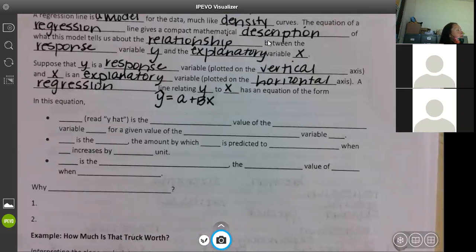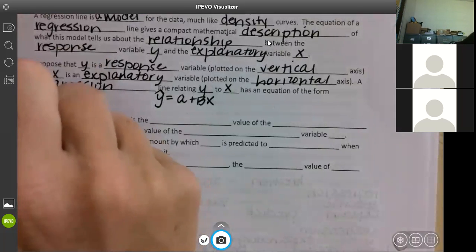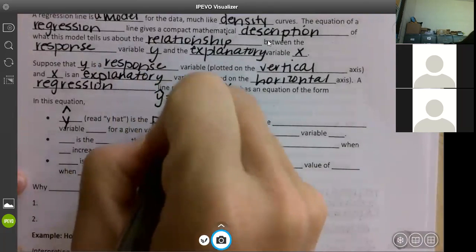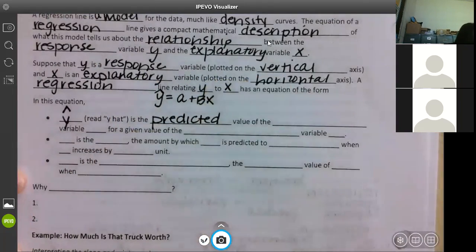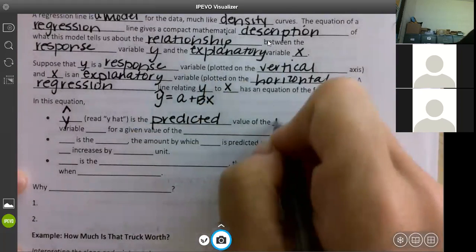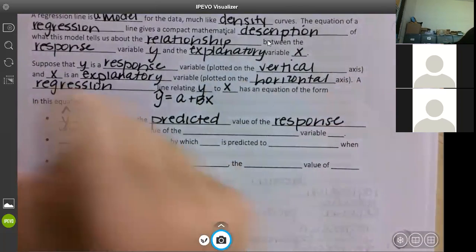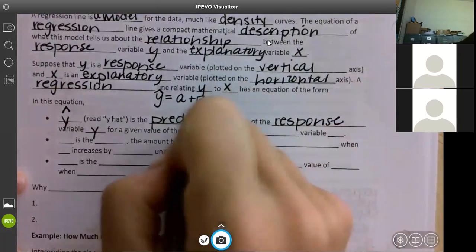That line of best fit means it's a good prediction for anything you plug in. You're not gonna get the exact value. If I plugged in a certain amount of miles, I may not get the exact value of the truck, but I'm gonna get pretty close to it. So it's a prediction equation. So y hat is the predicted value of the response variable y for a given value of the explanatory variable x.